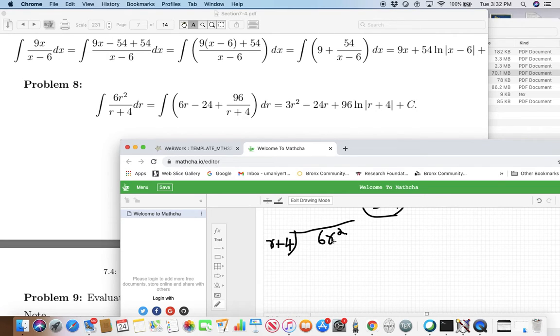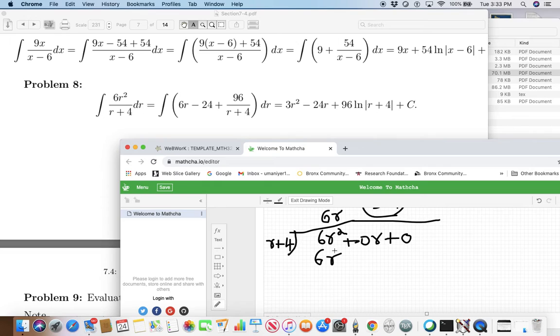Okay, so this has no r, so 0r, and no constant, so 0. So this is how we perform long division. R goes in 6r squared, 6r times. 6r times r is 6r squared, so that's what we try to do.